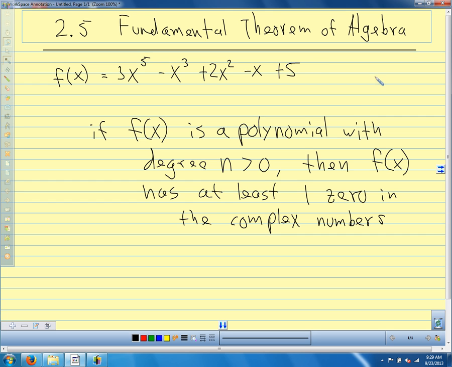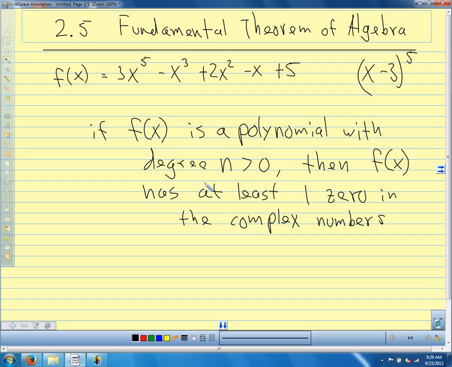This one obviously doesn't factor that way, but couldn't we have something like x minus 3 to the fifth? So we could have a repeated zero. We could have a zero with some multiplicity. And if the multiplicity happens to be the same degree as our polynomial, then we just get one number. We count it 5 times, but it's really only one number. So that's where that at least comes from.